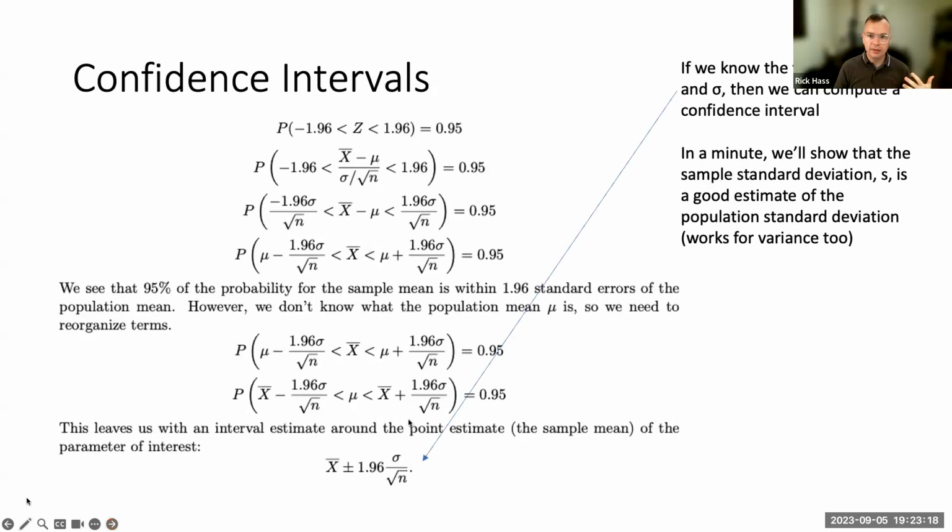I'm going to go through this fast because we're going to talk about it a little bit more next week. For those who are interested, this is how we go from that statement to the bottom statement, and the bottom statement is how we construct a confidence interval using normal theory.